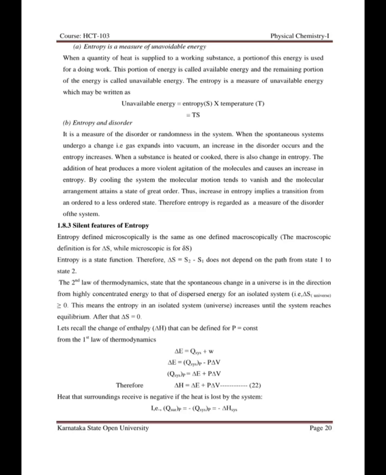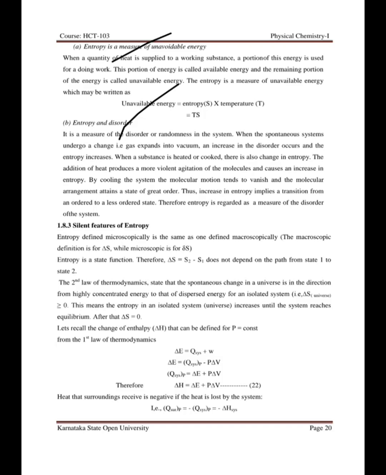And one more is entropy and disorder: it is a measure of the disorder or randomness of the system. So entropy, the measure of a system's thermal energy with respect to temperature, is the concept you should know.